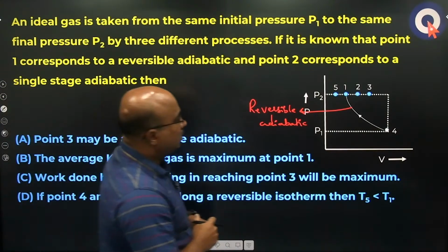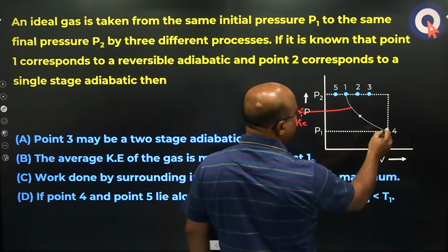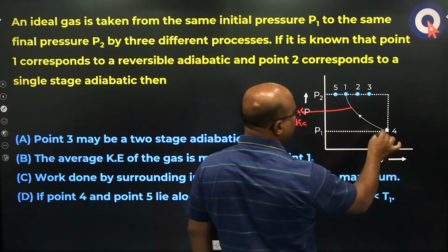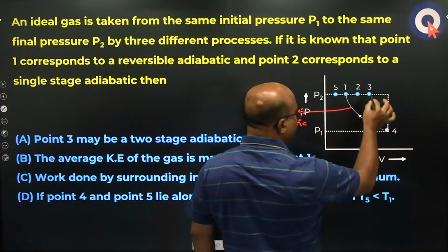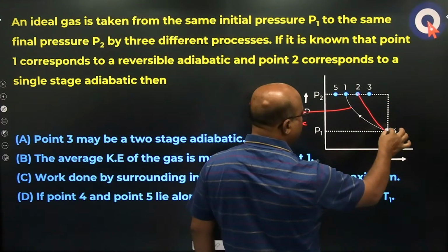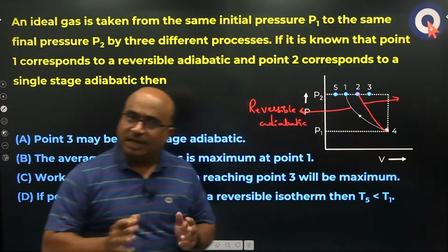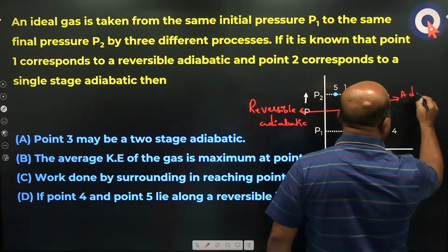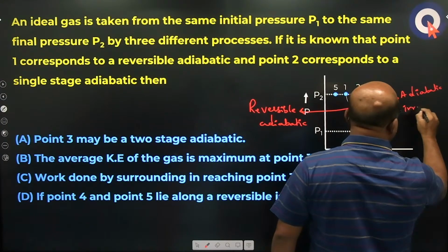Then it is defined that when we are moving from 4 to 2, it is a single step, meaning we are moving directly. So what does single step mean? It is nothing but an adiabatic irreversible process.